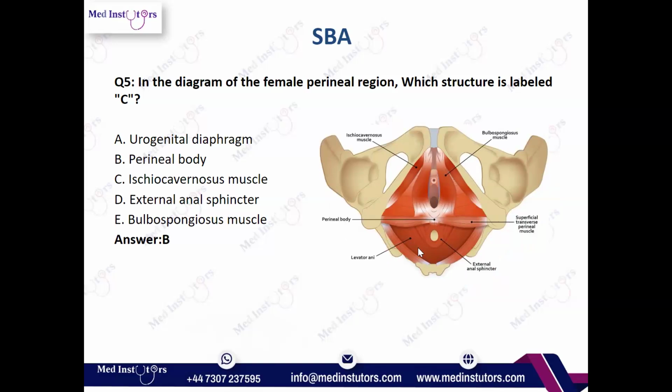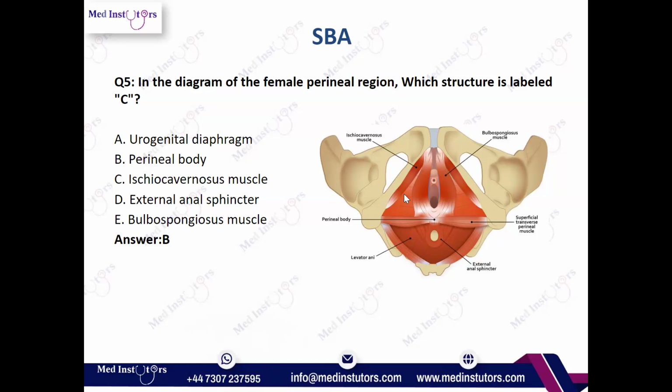And here you can see this is the levator ani muscle, which is the major muscle of the pelvic floor. Then we have the superficial transverse perineal muscle, bulbospongiosus muscle, and ischiocavernosus muscle. Why is the perineum very important, why do we need to know the muscles of the pelvic floor and the perineum?